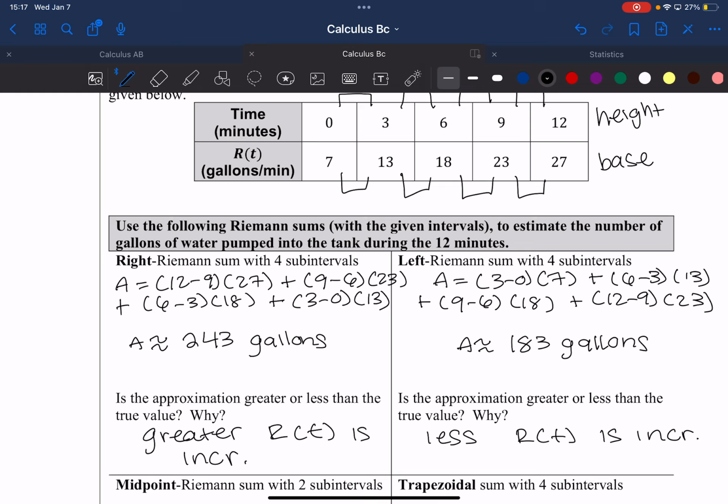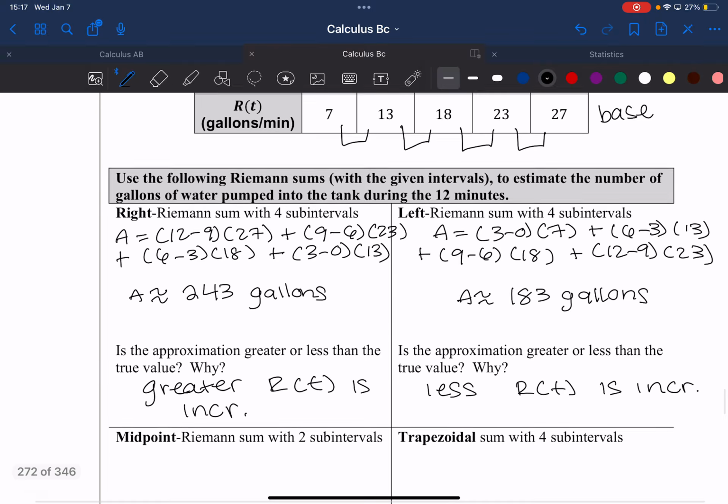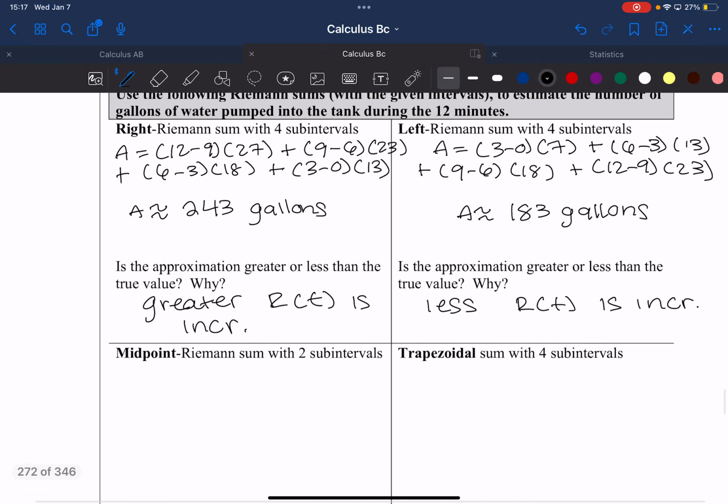Which means we couldn't use either the right or the left to estimate because the right is going to be too much, so 243 gallons, too much. The left is going to be too little, 183 gallons. We know the actual area is somewhere between that, but that's why we use these last 2 approximations to get a better idea of where that area could be.